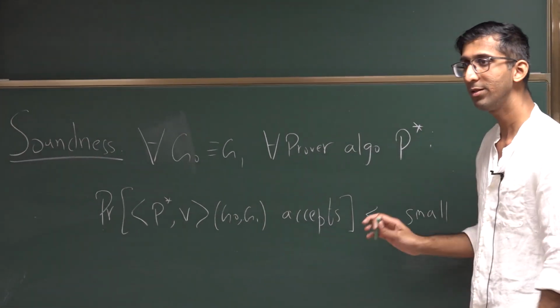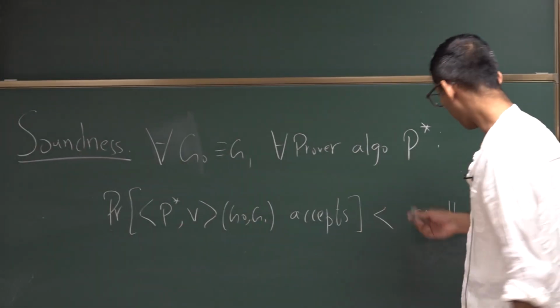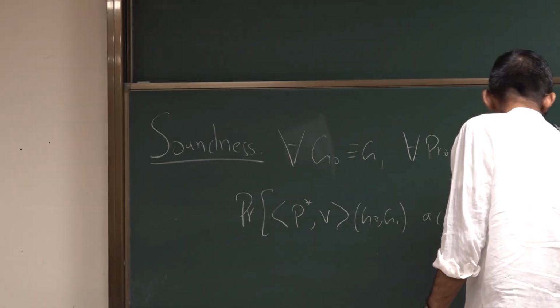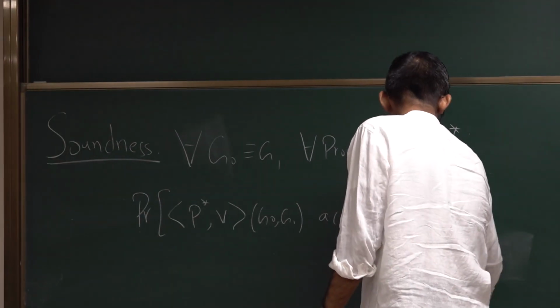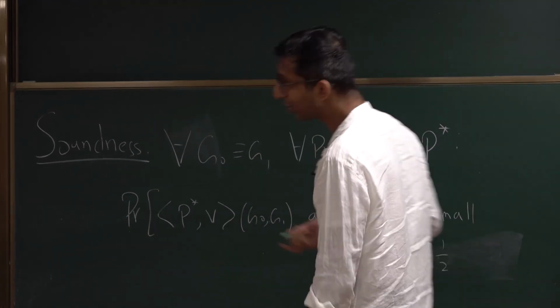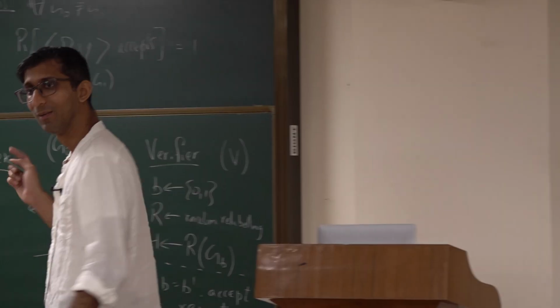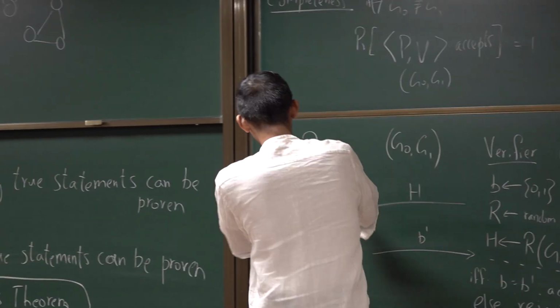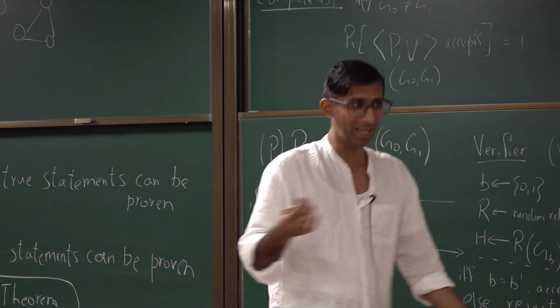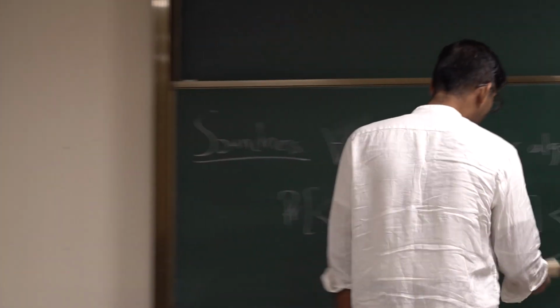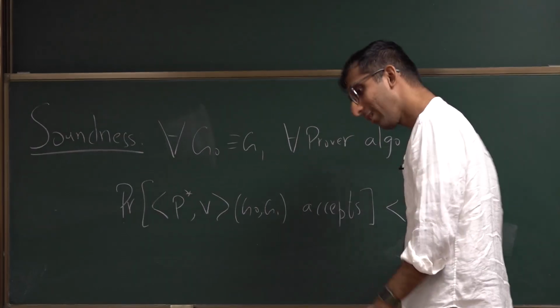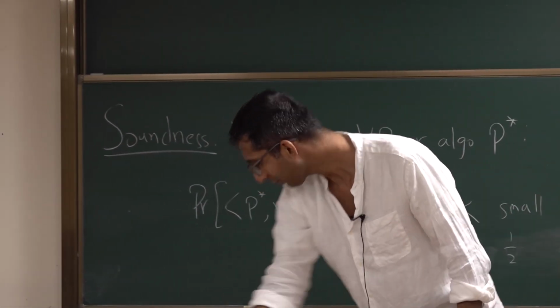What bound can I put here? Half, right? I can say that it's always going to be less than a half. And actually you can even say it's equal to a half, because they're the same thing, right? And they're independent. Often you'll only be able to get upper bounds, but in this particular case, you can actually say it's going to be equal to a half.